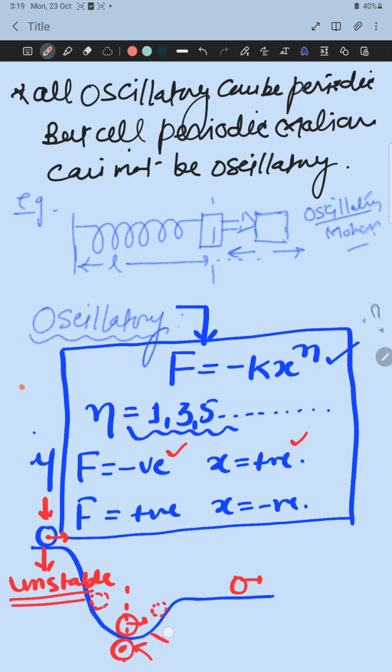So this is called the most stable condition, or a stable condition is achieved about the mean position. And this is the point where, once we offer force, the body is under neutral equilibrium.